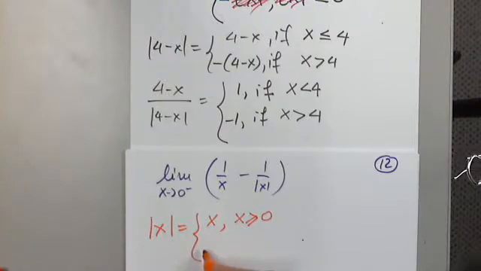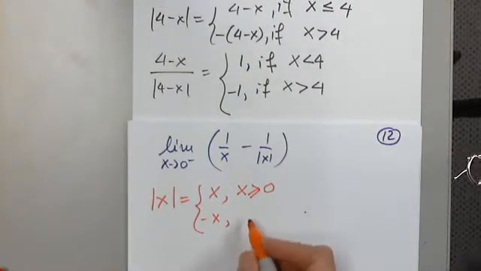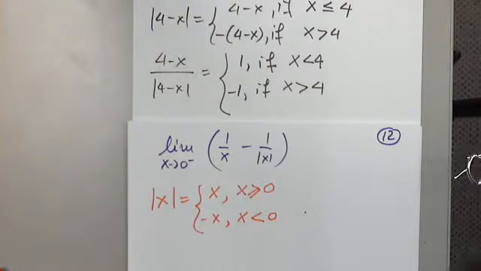The next option, negative x, comma, x less than 0. Very good, awesome. Now I'm ready to work on the entire function. How many options will the entire function have? Very good, because the absolute value has 2 options. Good. So the first option, please follow through.